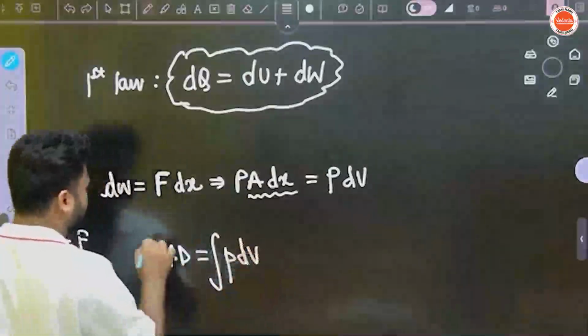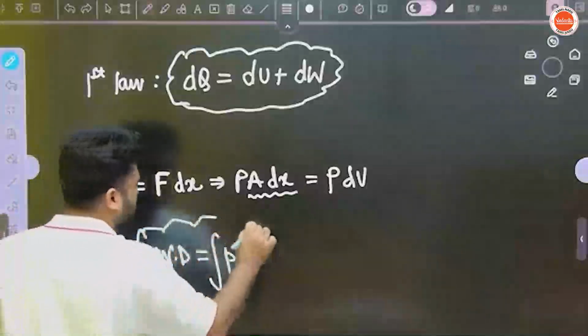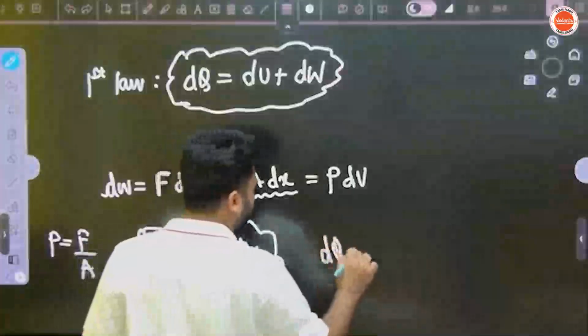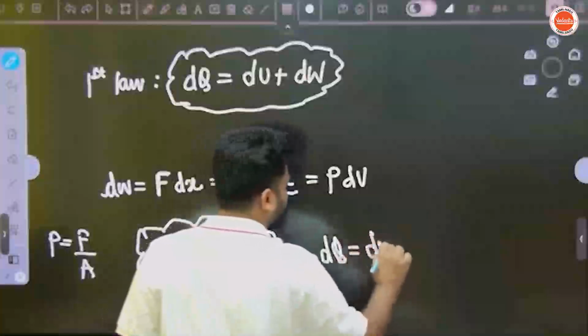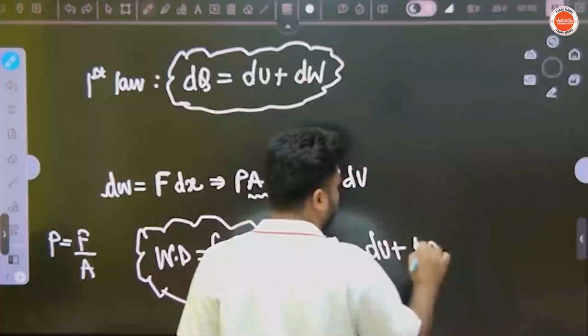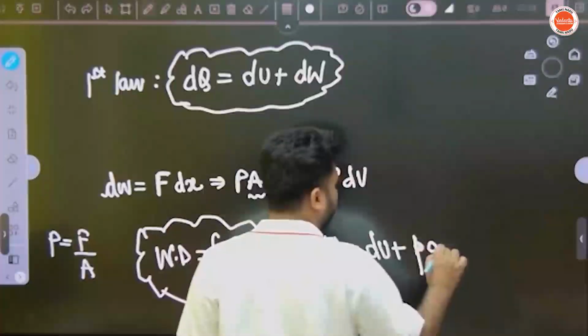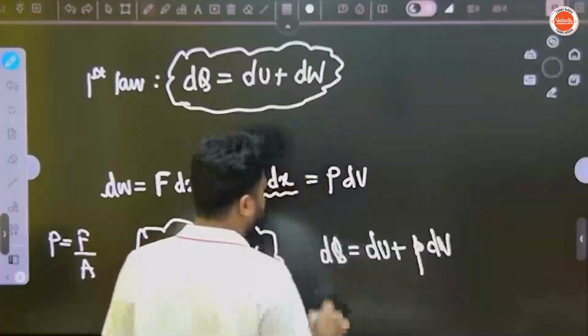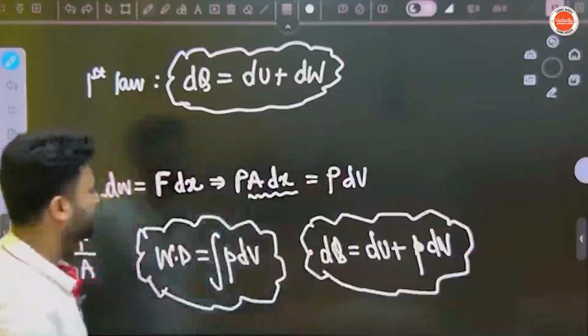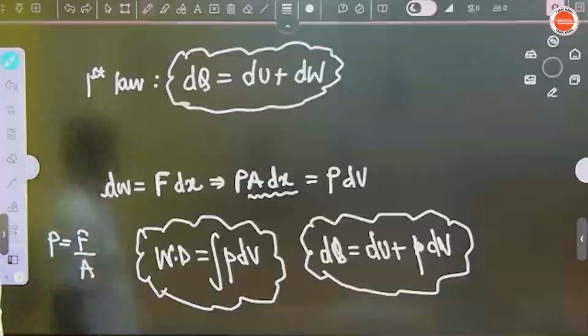This is also important. So you can write the first law like dQ equals dU plus dW, and dW you can write as P dV. This is the work done. This is also the first law of thermodynamics. Correct?